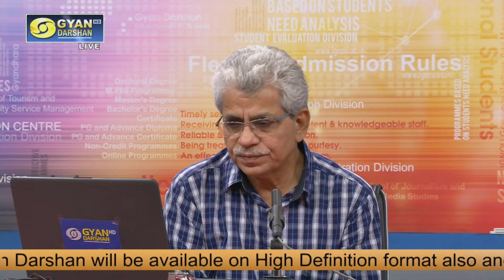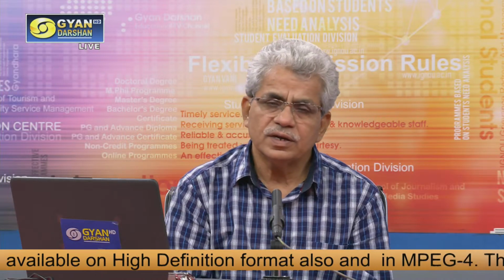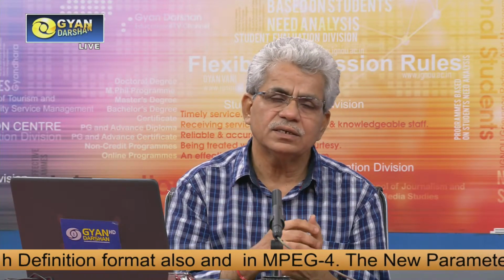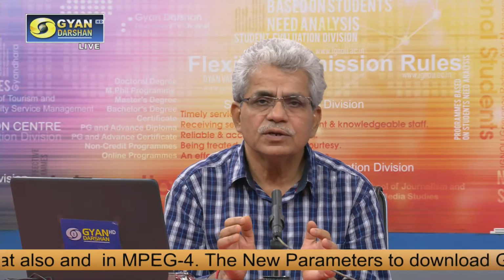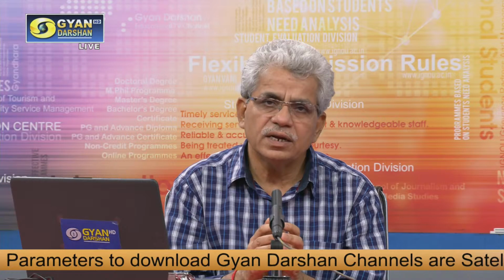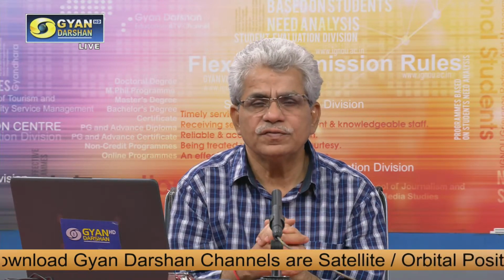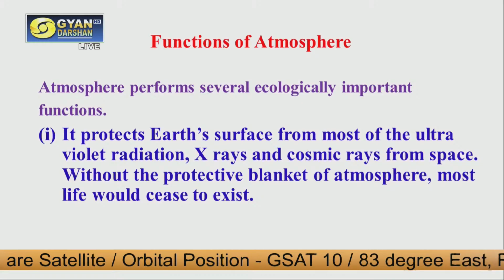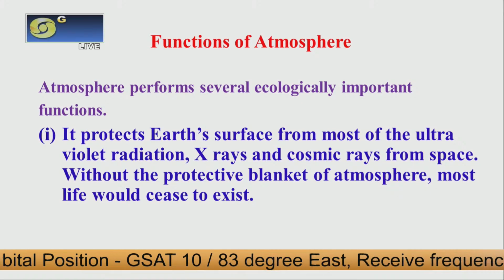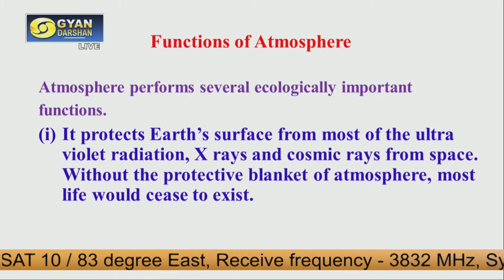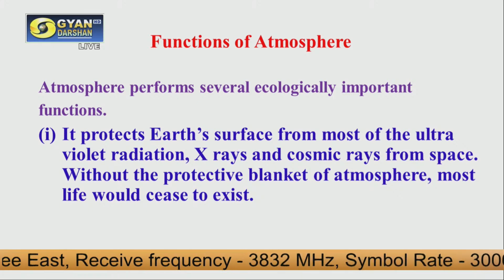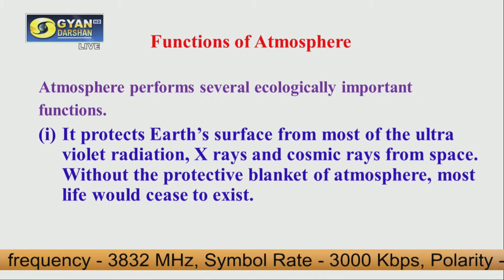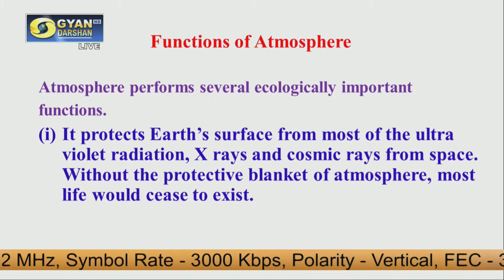Now let us talk about the functions of the atmosphere. With the discussion of different layers of the atmosphere, though we discussed the function of different layers, in totality, what is the function of the atmosphere? Let us see again that this atmosphere protects Earth's surface from most of the ultraviolet radiation, X-rays, and cosmic rays that are coming from space, because these rays are harmful to us.